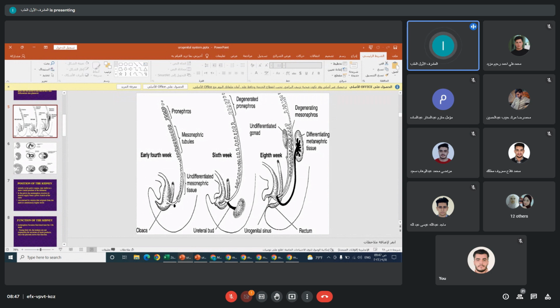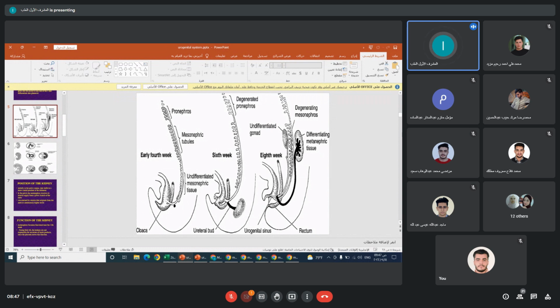This metanephric tissue will form S-shaped tubules, and capillaries also grow at one end. This will differentiate into an S shape and will form the glomeruli. The tubule with the glomeruli will form the secretory unit, called the nephron.